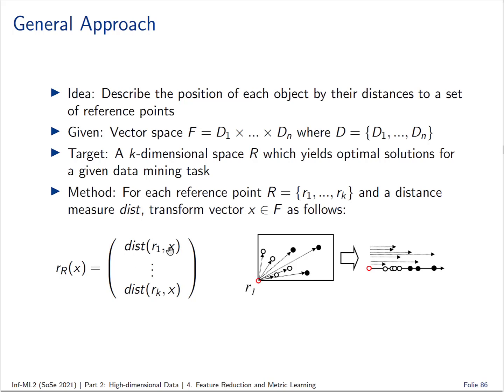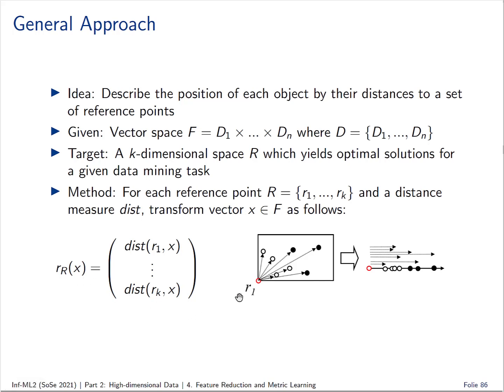The first new feature of x is the distance of x to the first reference point in the original feature space. The second one is the distance to the second reference point, and so on. And since we have k reference points, this ends up in a k-dimensional representation for the original d-dimensional point x.